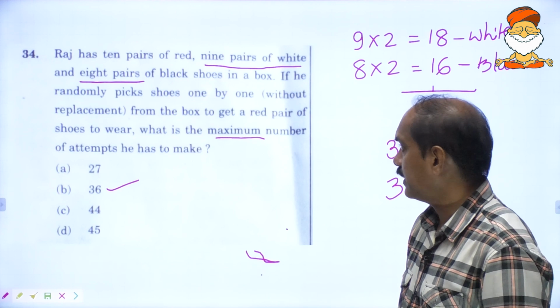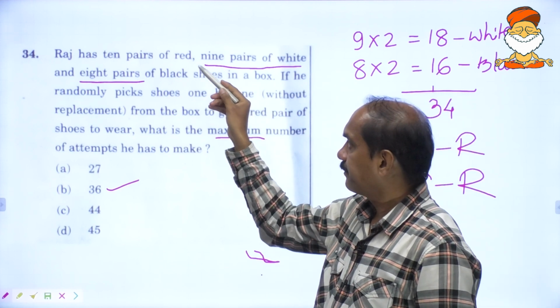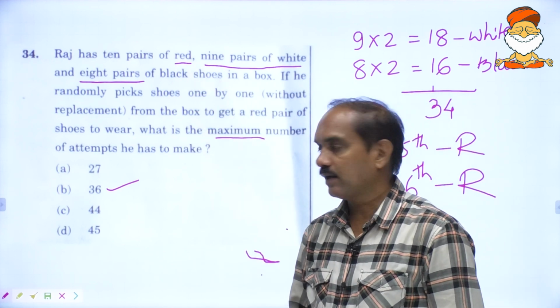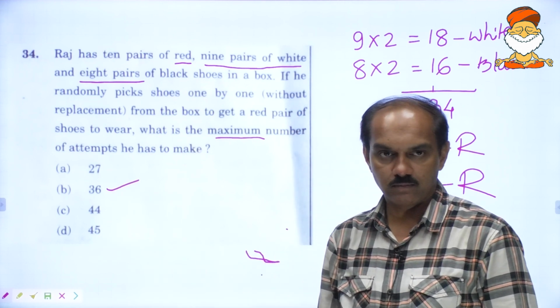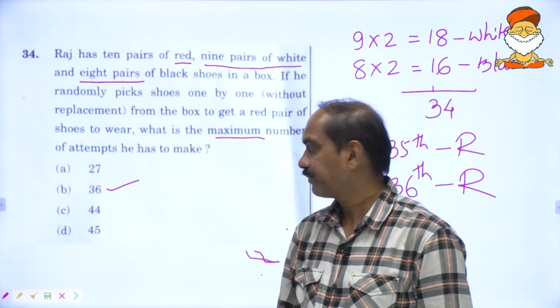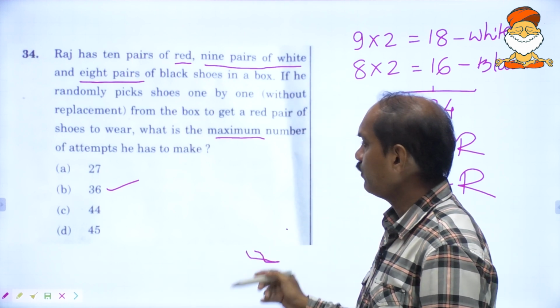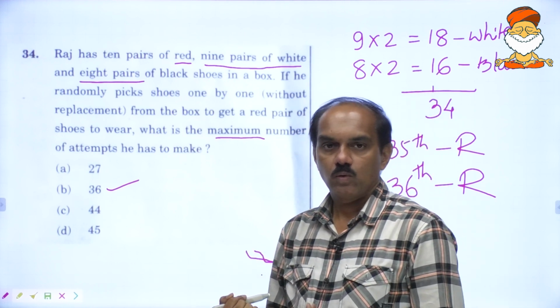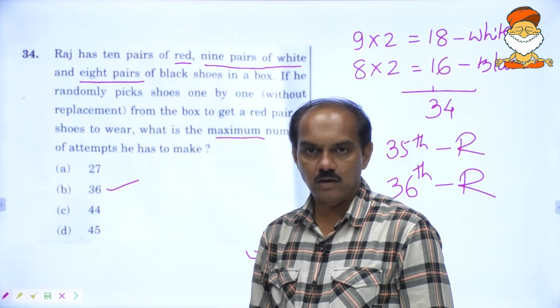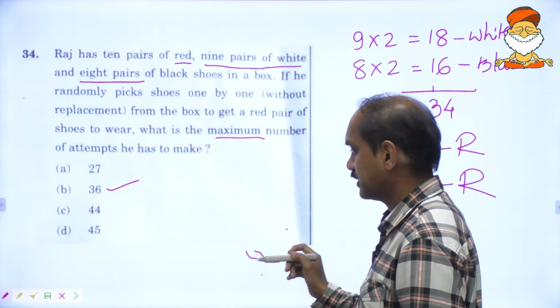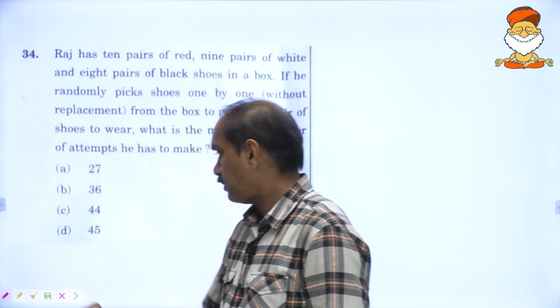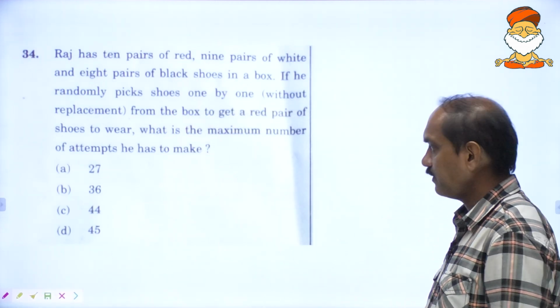And one more important thing, if you say you will get red in the beginning itself, then where is the question of going to 27, 46 and all? I mean, the numbers are too big. So first you give chance to the other colored shoes and then go to red. That will make sense when you use the word maximum. So this is everything about this problem.